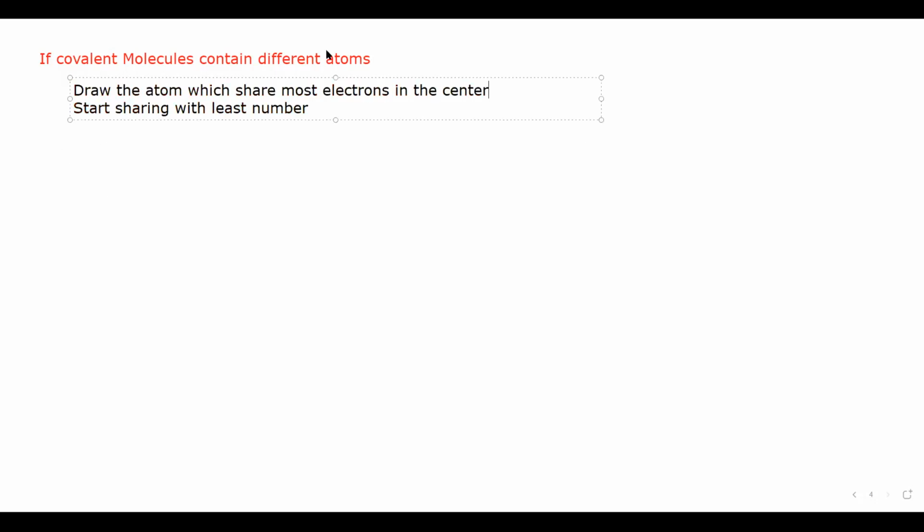Like, we want to draw the structure of carbon dioxide, CO2. We know carbon and oxygen both are non-metals. Carbon is a group 4 element. So how many will it share? Carbon belongs to group 4, so it will share 4 electrons.